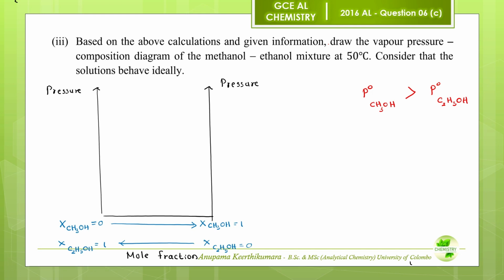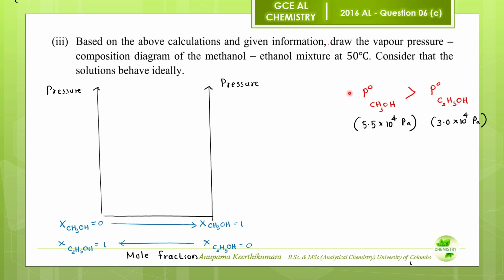The saturated vapor pressure of methanol is 5.5 times 10 to the power 4 Pascal, whereas the saturated vapor pressure of ethanol is 3 times 10 to the power 4 Pascal. Next, we can mark these values on our vapor pressure composition diagram.